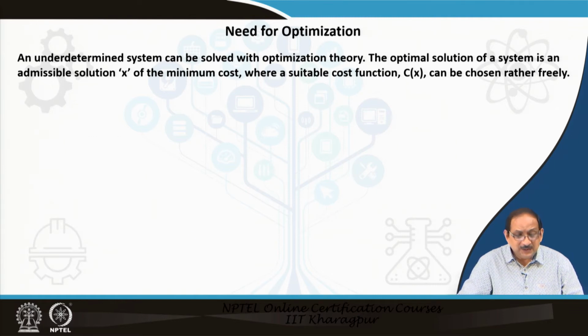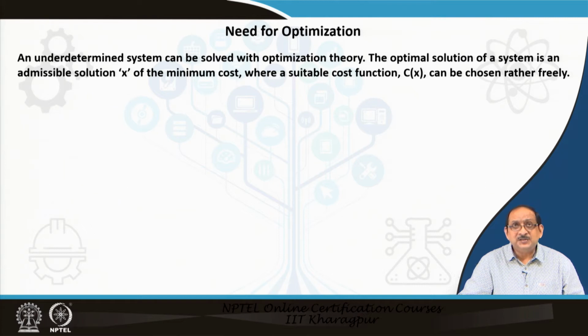In mathematics, a set of linear equations or a system of polynomial equations is considered underdetermined if there are fewer equations than the unknowns.